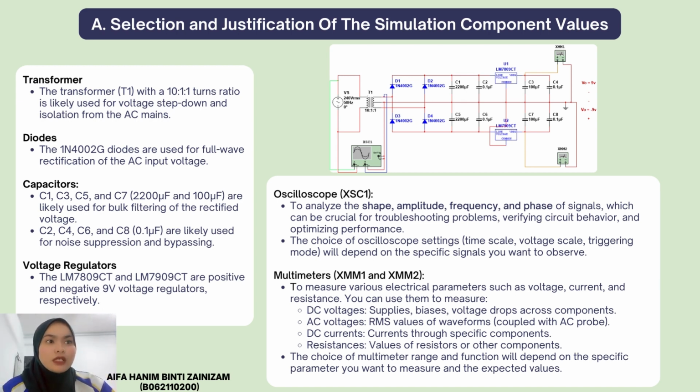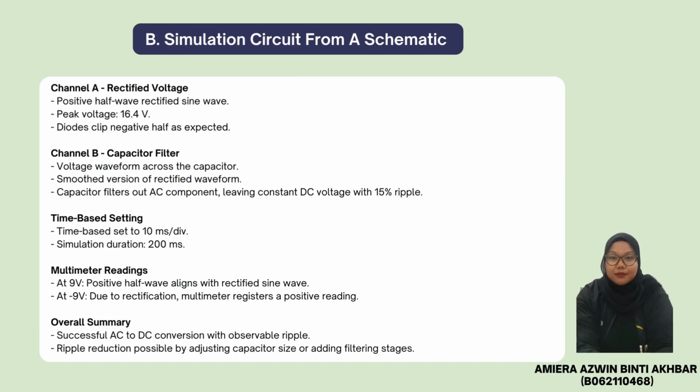Ensure a stable output before regulation. And we also use multimeters, which are XMM1 and XMM2, to measure the voltage for the circuit.